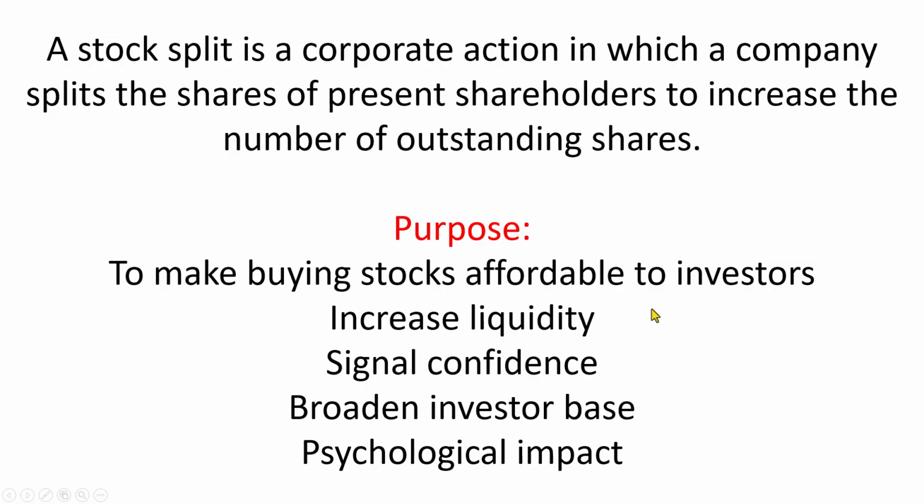When the price is less, you have more investors buying the stocks. To make it affordable, they split the stocks, and when the company has more shares, more investors would come in and invest in the company. Okay. And since more shares are in circulation, it means higher trading volume, which improves liquidity.